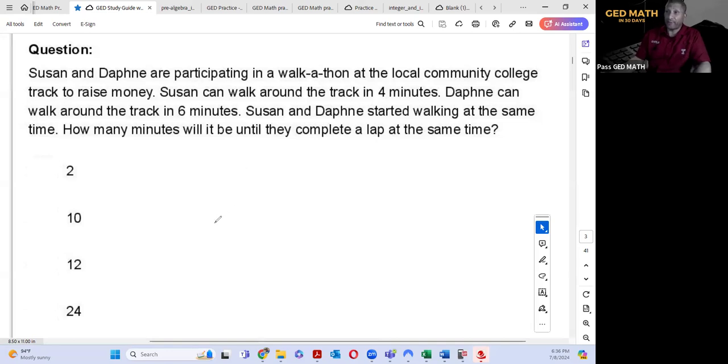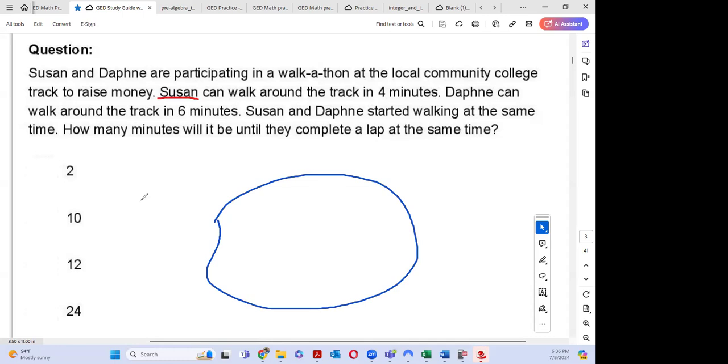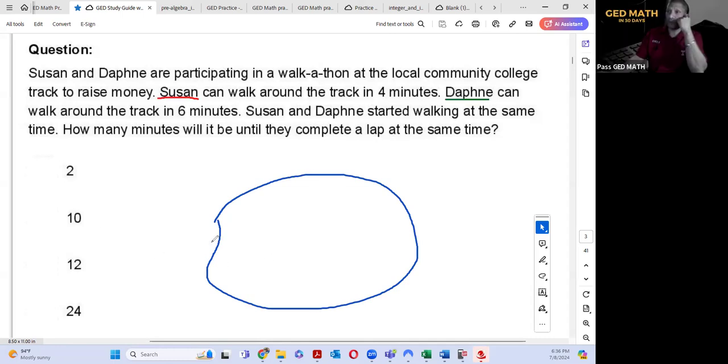Draw a diagram. So I got my track. It looks like an egg, but let's say that's a track. Susan is red, and Daphne is green. The first time Susan gets around the track, 4 minutes have elapsed.